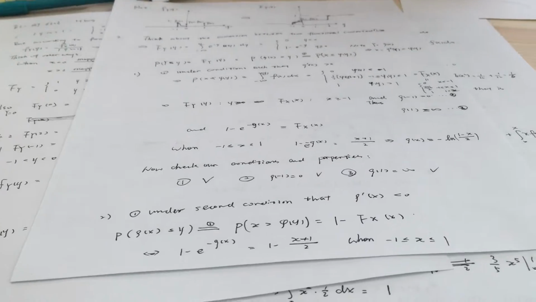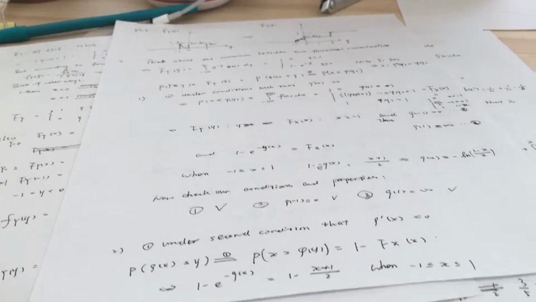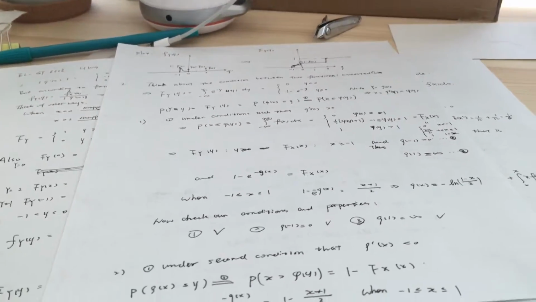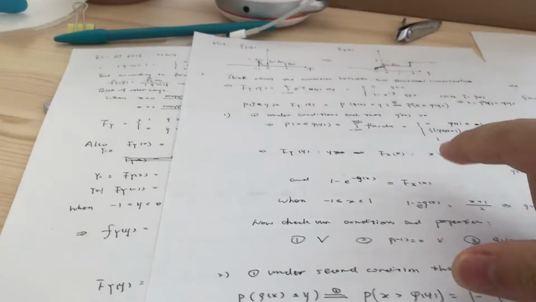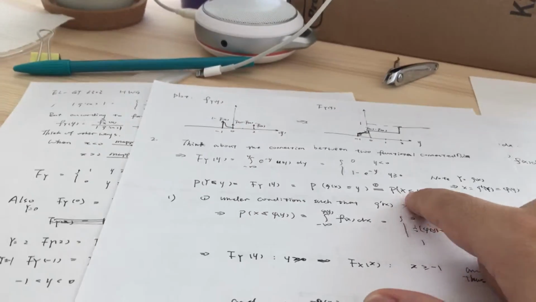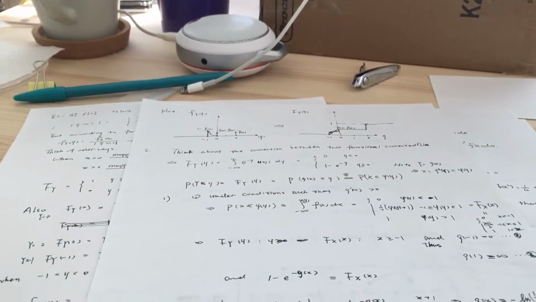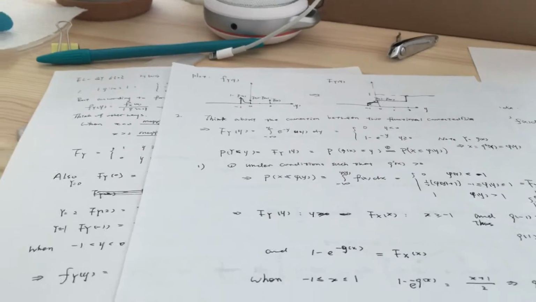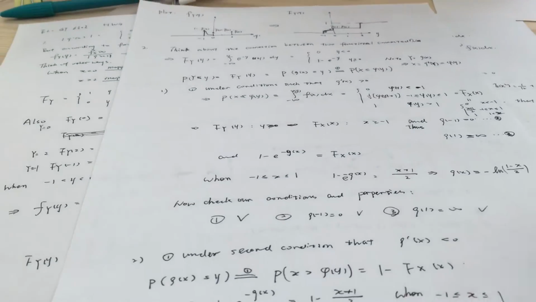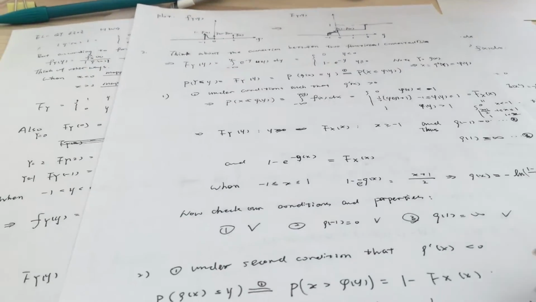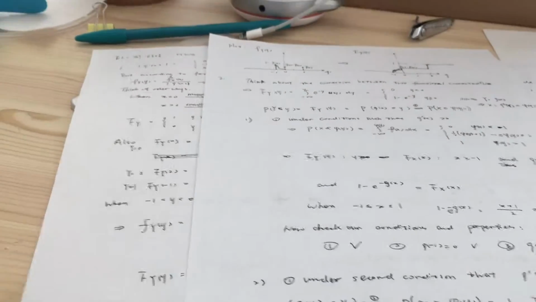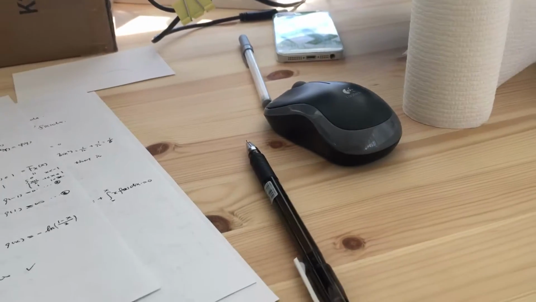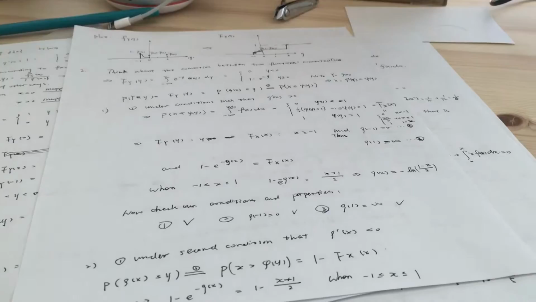Under the second condition, where g(x) is always going down, the process is almost the same; the only thing you need to change is that the probability that x is less than phi(y) becomes the probability that x is bigger than phi(y), which is 1 minus capital F_X. Then 1 minus e to the power of minus g(x) equals 1 minus (x plus 1) over 2.